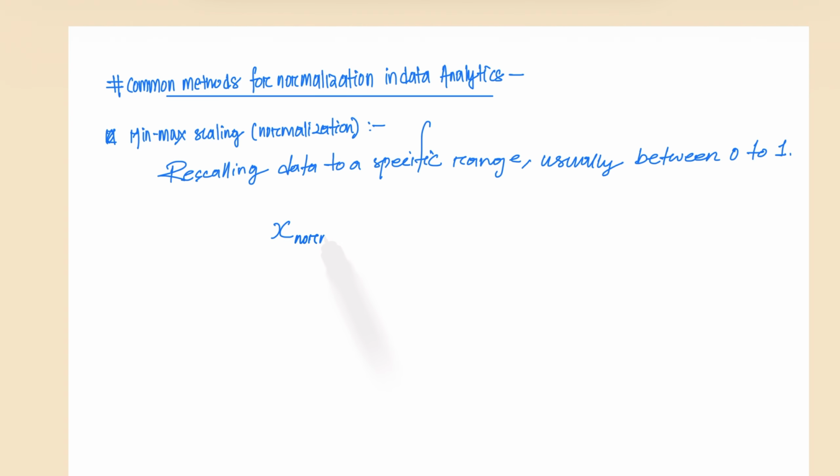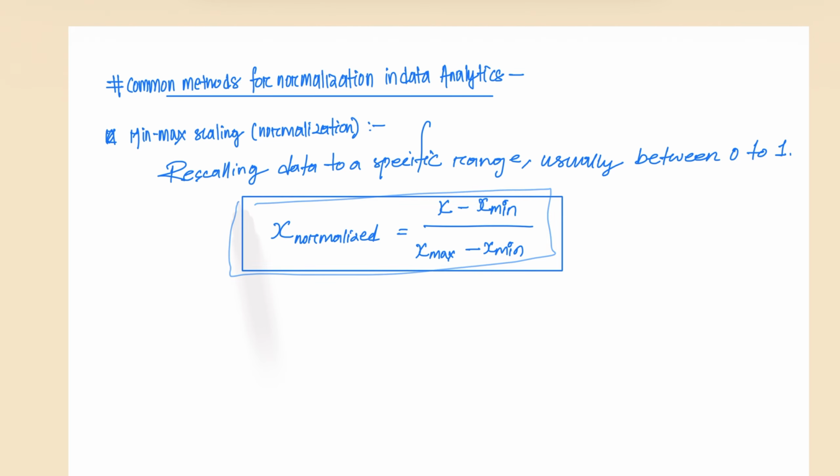Normalized is equal to x minus x minimum by x maximum minus x minimum. This is rescaling the data to a specific range, usually between 0 and 1. The value will then fall in between 0 and 1.